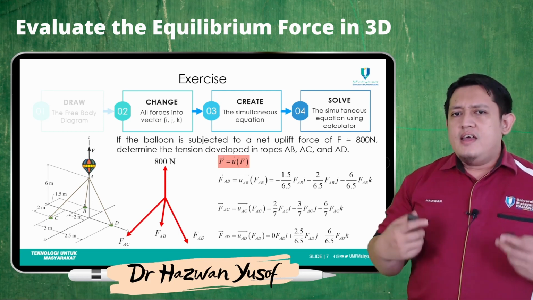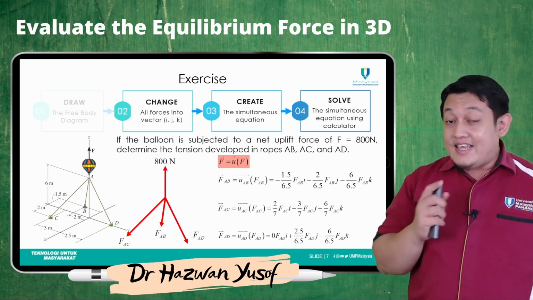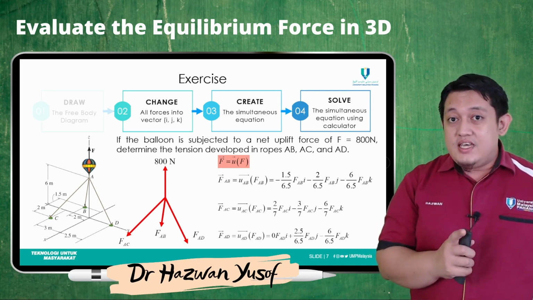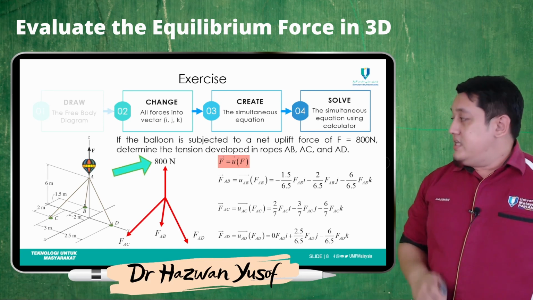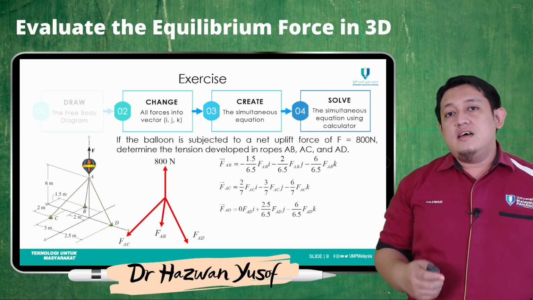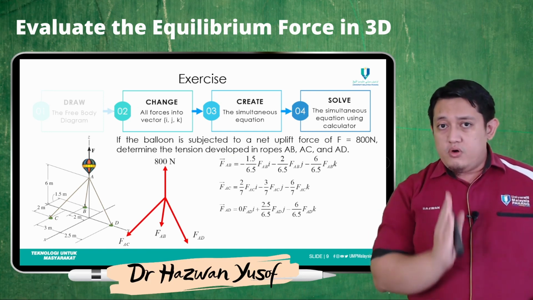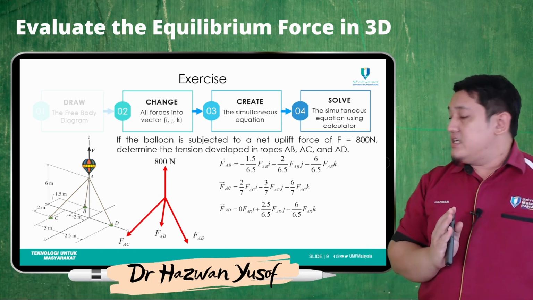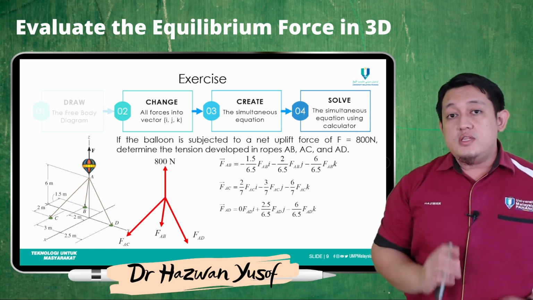Do we have any other force to change into a vector? Yes, we have, which is the 800 Newton. As you can see here, the 800 Newton is pointing towards the positive z direction only, with a magnitude of 800 Newton.